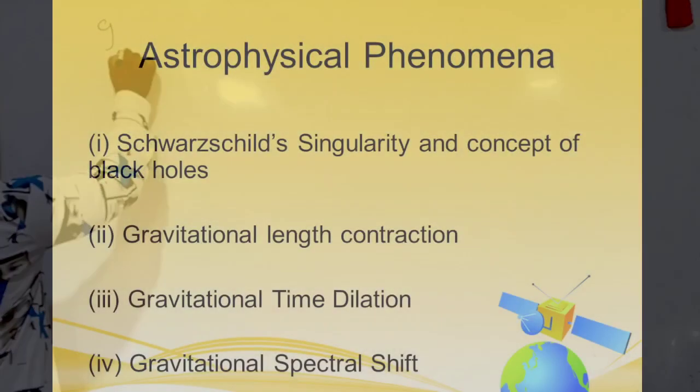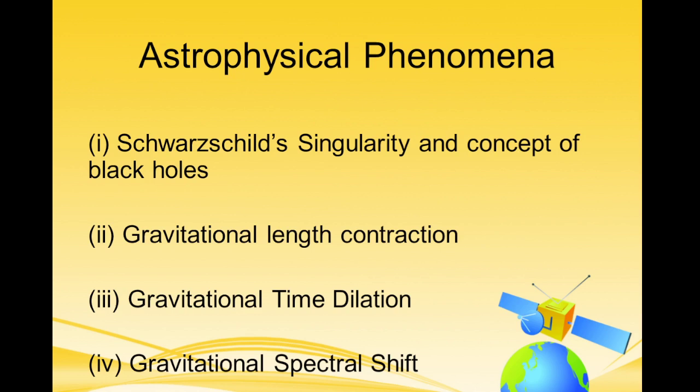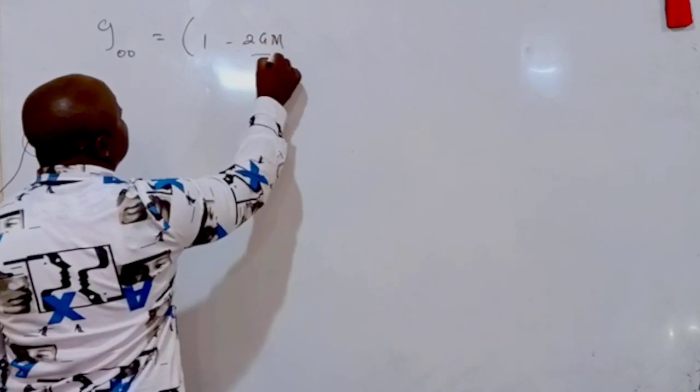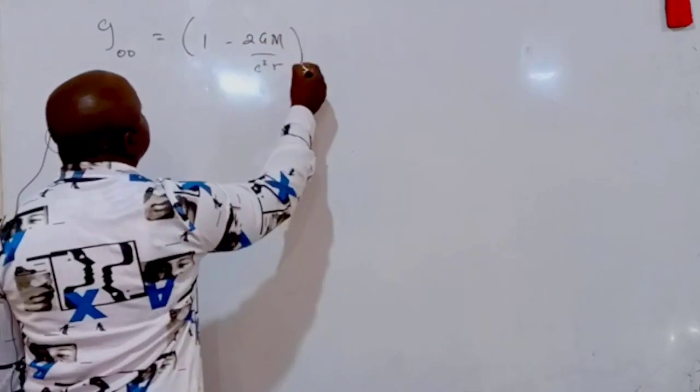We stated Schwarzschild's solution as G00 equal to 1 minus 2GM over c squared r.